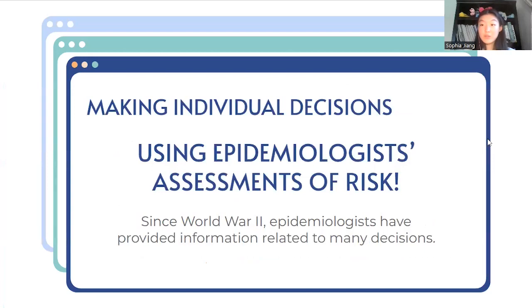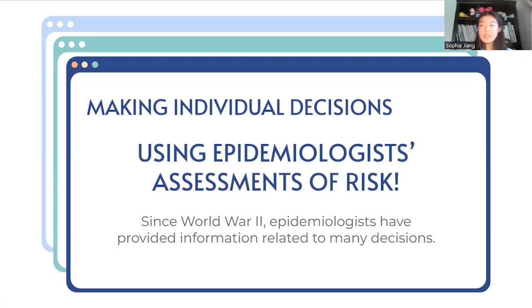Now, moving on to the next use, making individual decisions. Whenever an individual makes a decision, you might be consciously or unconsciously aware of an epidemiologist's assessments of risk. That's just saying how much risk is in this activity.